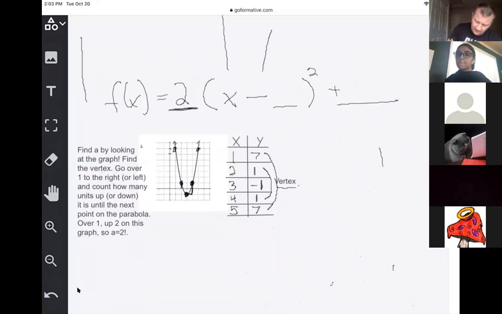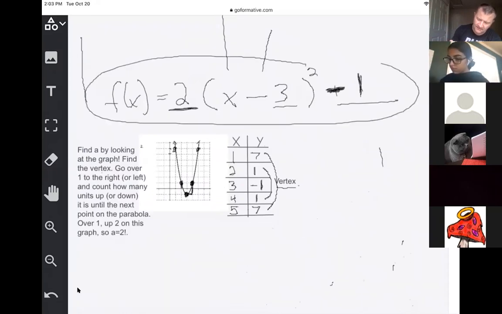This is a 3, and it's minus because it moved to the right. And then how many up or down? It went right 3, and then down 1. So plus -1, or I would just do -1, okay? So this is kind of what you got to know today.